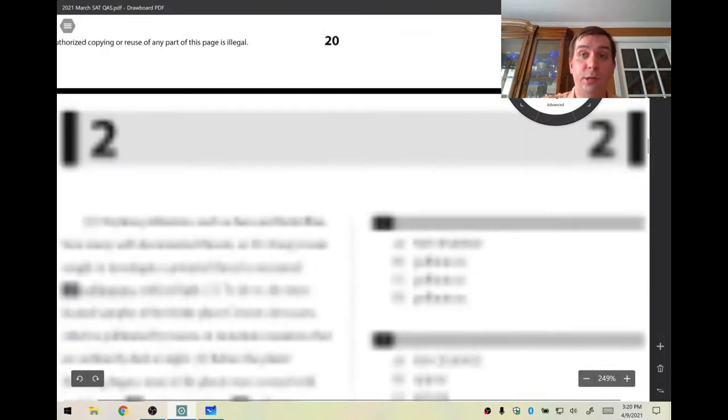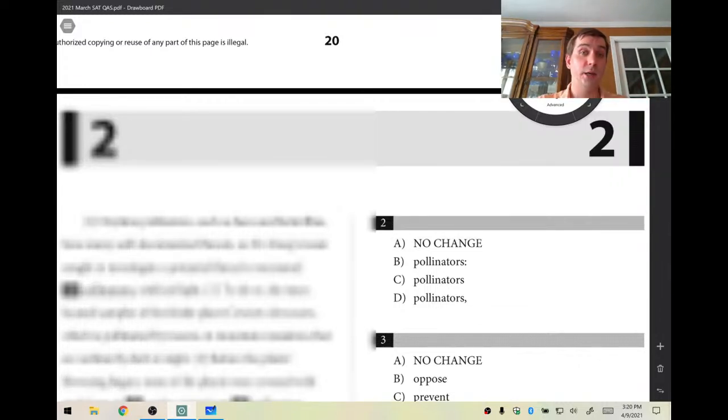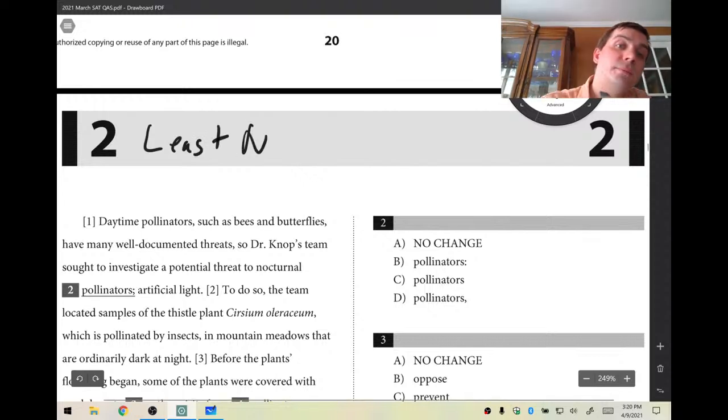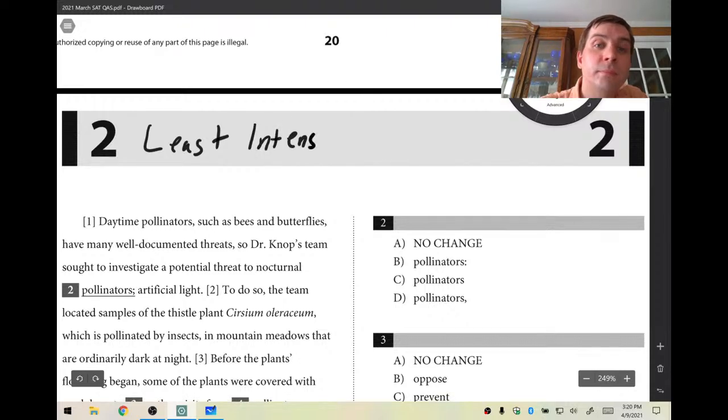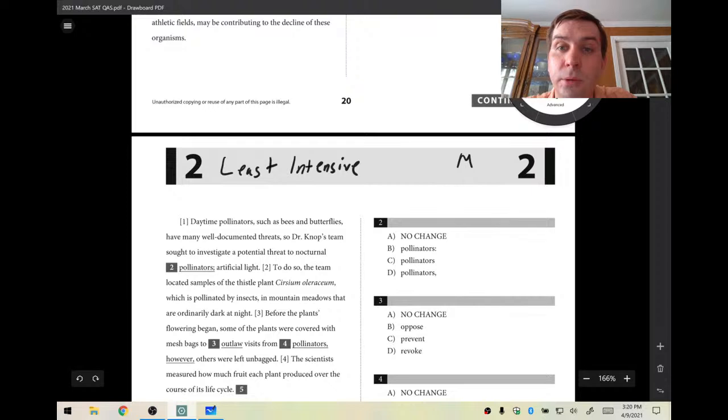So for this type of question, I just want to introduce an idea here, and this is the idea of a parenthetical. In English, we can offset parentheticals in 3 different ways, and they vary in intensity. So I'm just going to write this down here. Least intensive, and over here, I'm going to write most intensive.